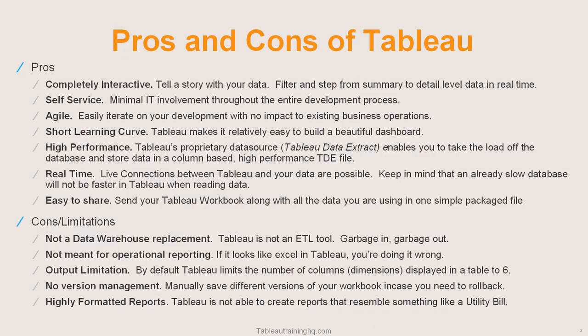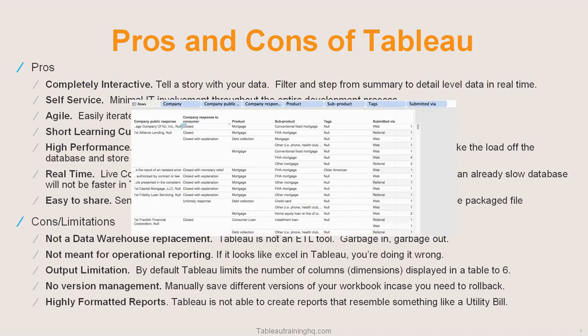By default, the number of columns that are dimensions that can be displayed in your Tableau report is 6. You actually have to modify the default parameter to incorporate additional columns, because Tableau will concatenate additional dimensions because it wasn't designed out of the box to really show data in a tabular format.